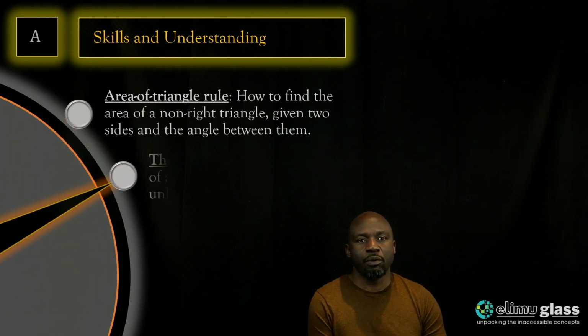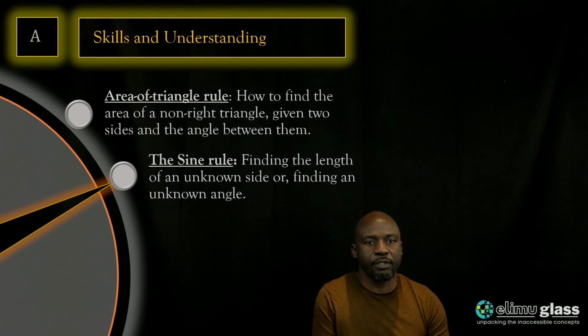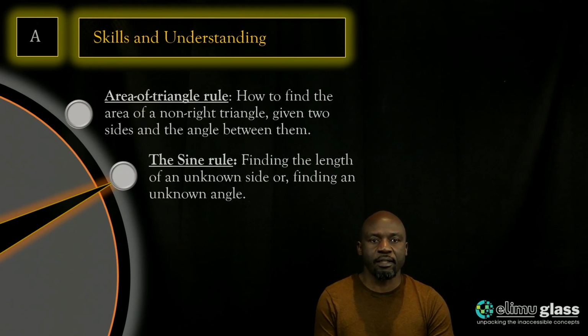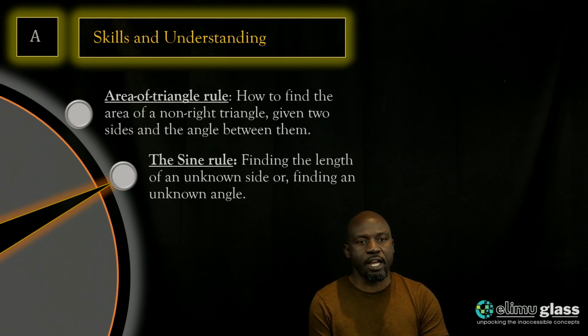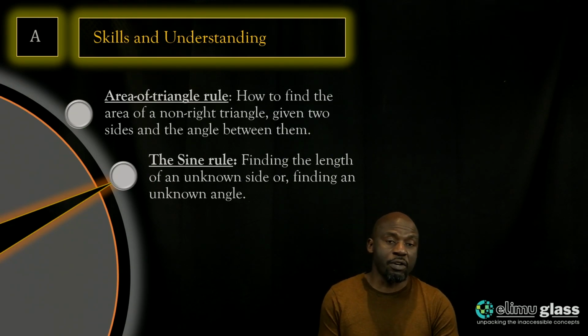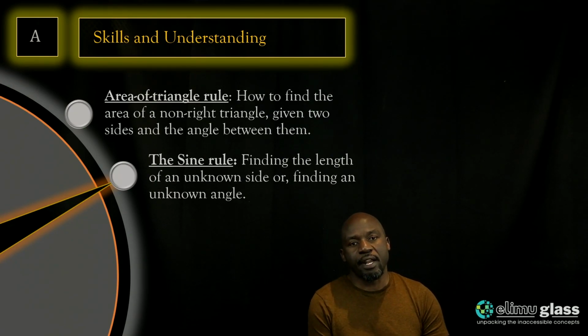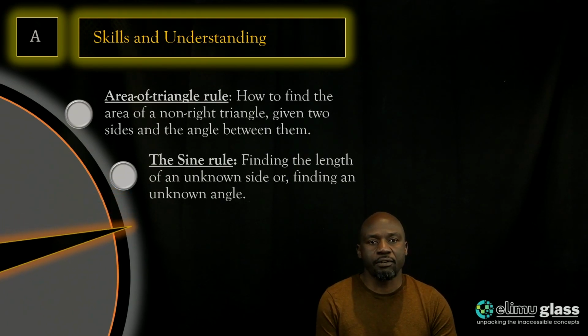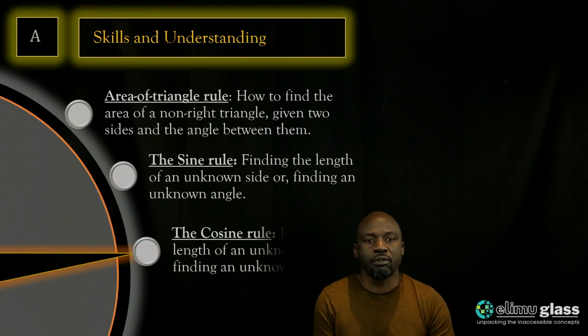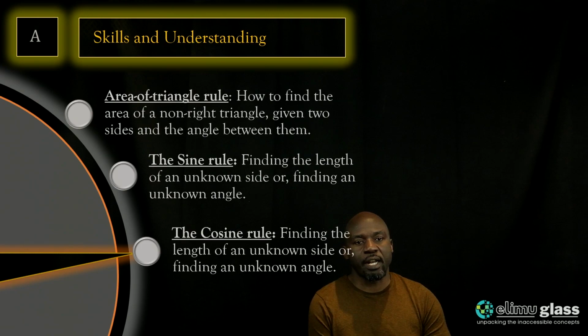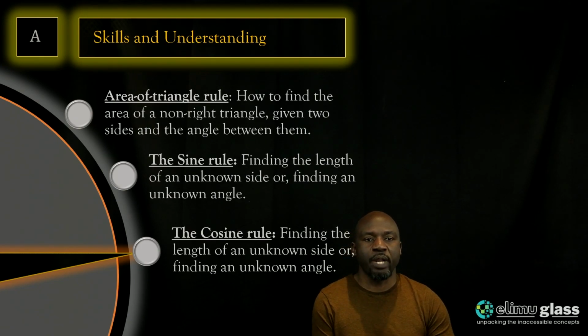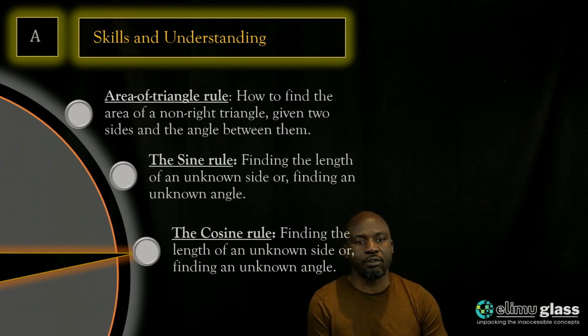Okay, after that, we will look at the sine rule. The sine rule is about finding the length of an unknown side of a triangle or finding an unknown angle. Then after that, we will look at the cosine rule. The cosine rule is also about looking for an unknown side, but the way we use the cosine and the sine rule will be different.